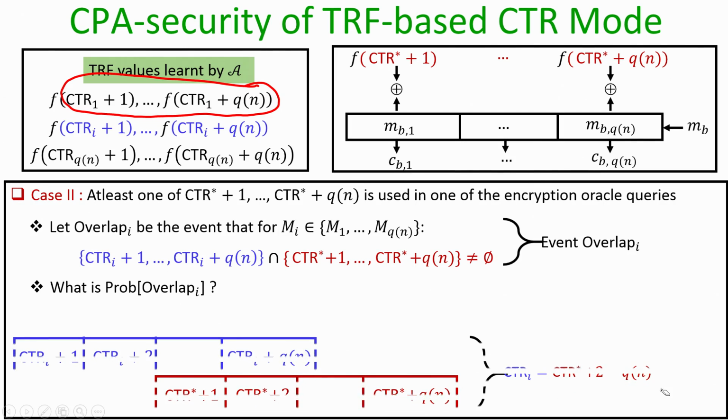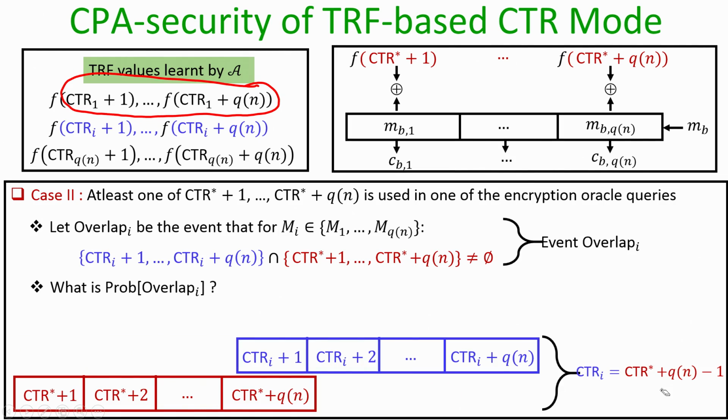And if I consider the scenario where overlap I occurs because the last counter value used for encrypting the last block of the challenge plaintext overlaps with the first counter value used for encrypting the first block of the message mi, then the counter I should satisfy this relationship. So, these are the various ways in which the event overlap I could occur.